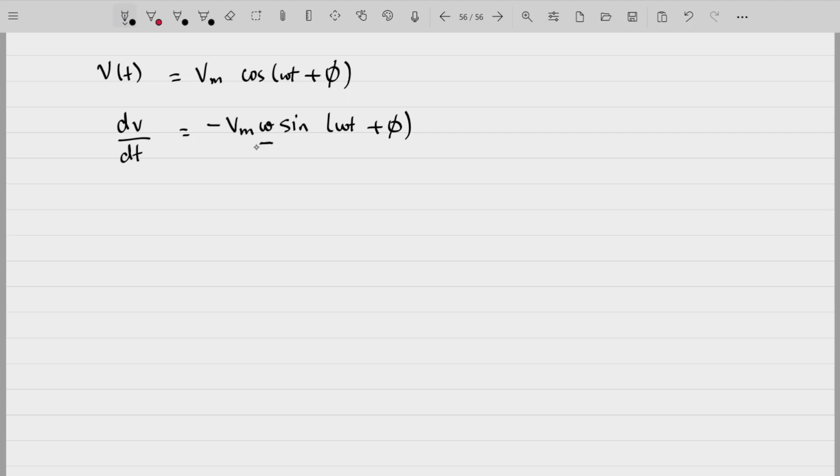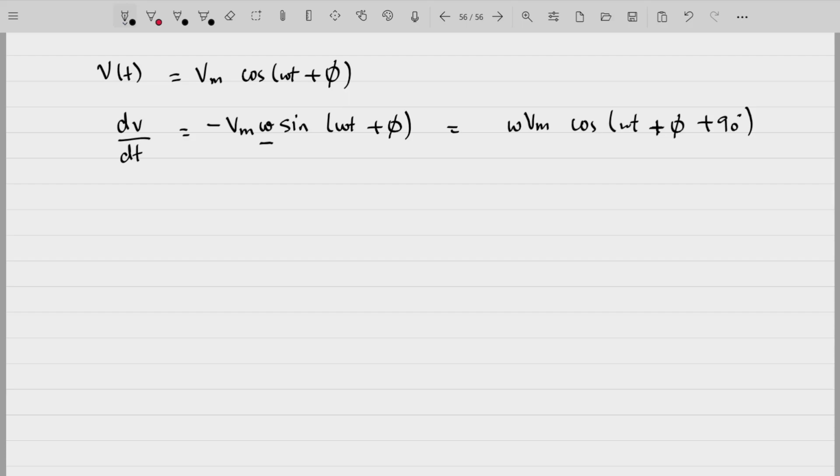So omega comes in here. So dV by dt is minus Vm omega sine of omega t plus phi. We can also write this as minus omega Vm, and we can drop the minus sign here: omega Vm cos of omega t plus phi plus 90 degrees.